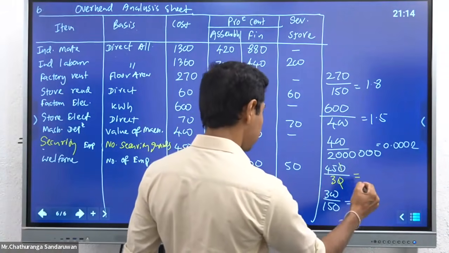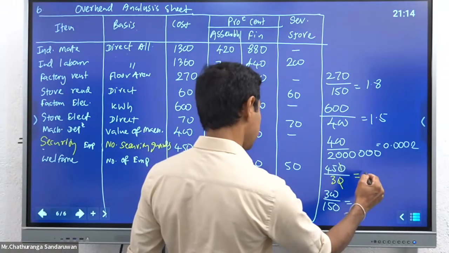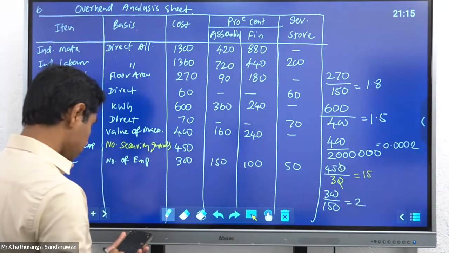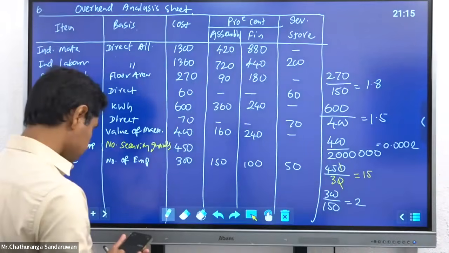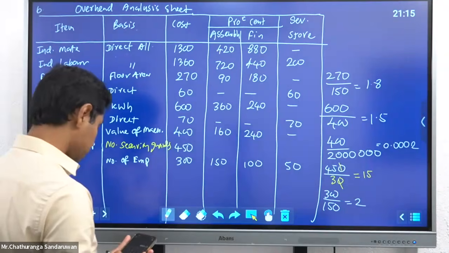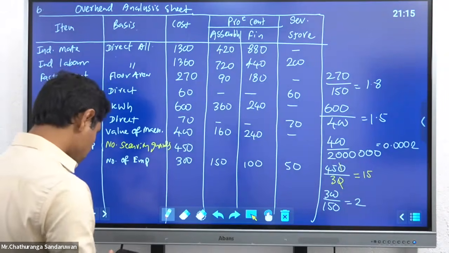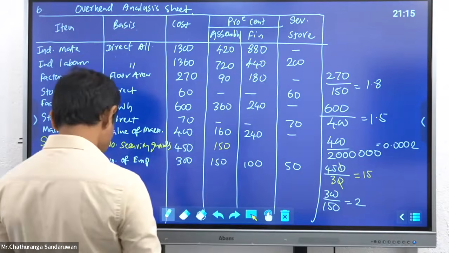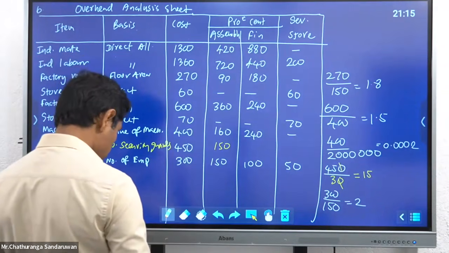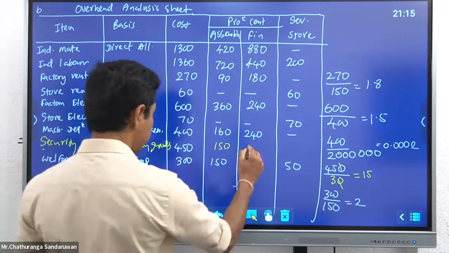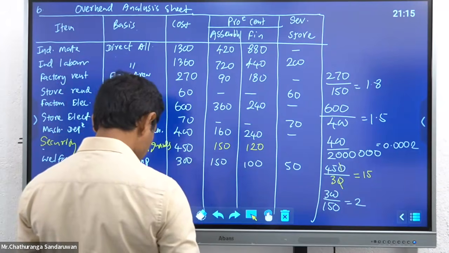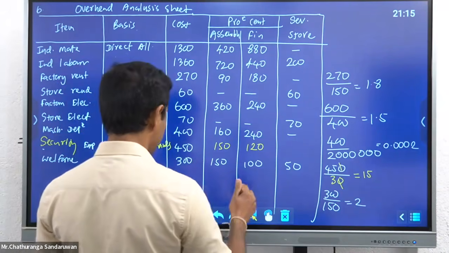Then per security is 15, right? For 50 divided by 30, 15, right? 15 into 10, 150. 15 into 8, 120. 15 into 12, 180.